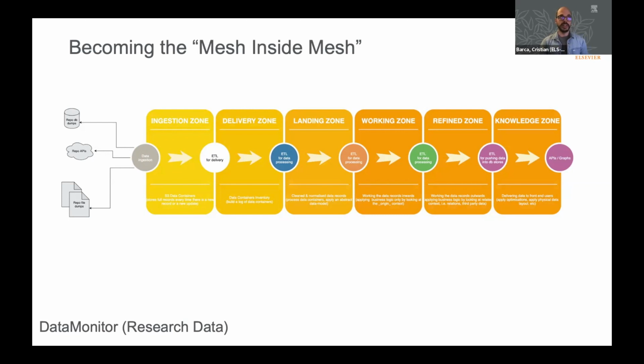And the inspiration came from the lakehouse architecture, where it's very common that it is presented as 3 zones, like the bronze, the silver, and the gold, where every single zone means a different aspect of the data processing.